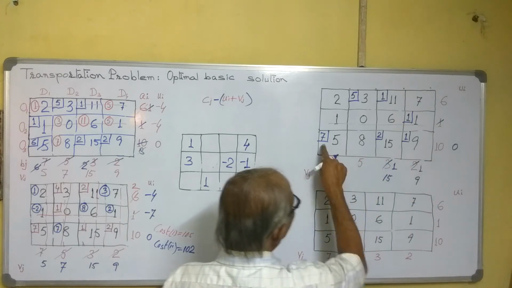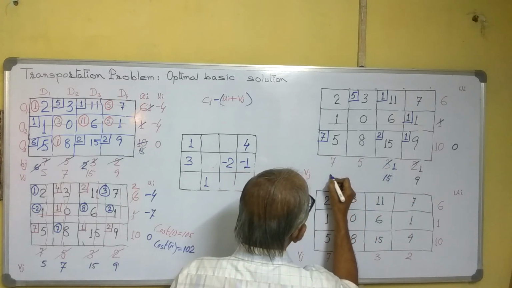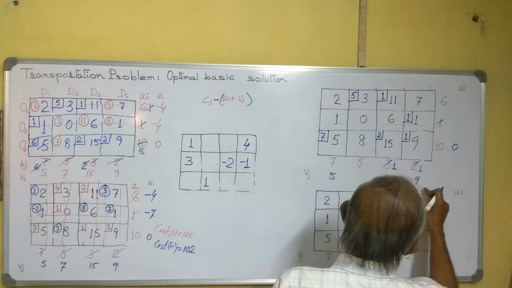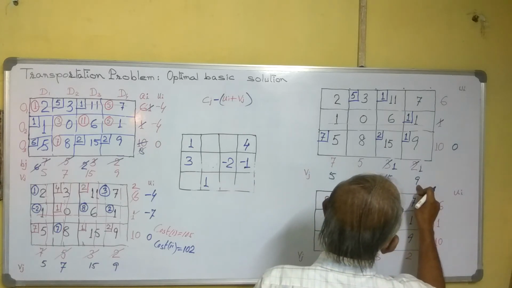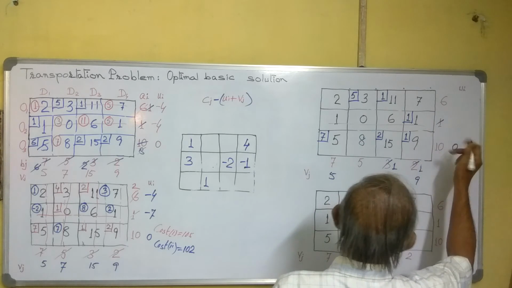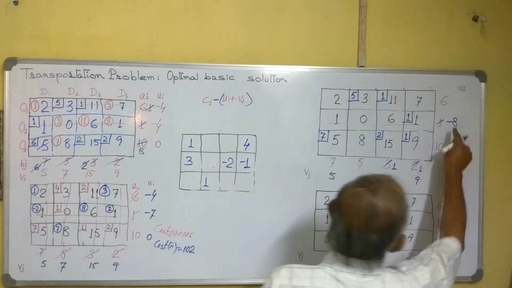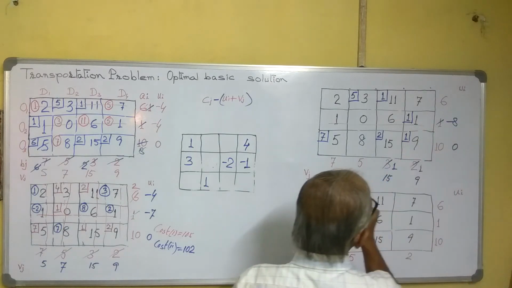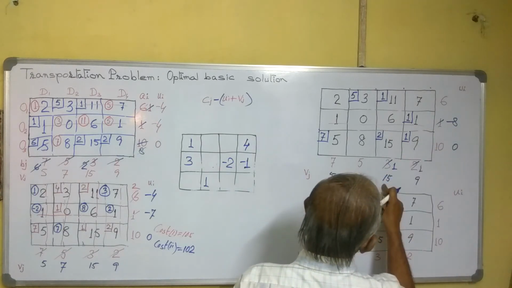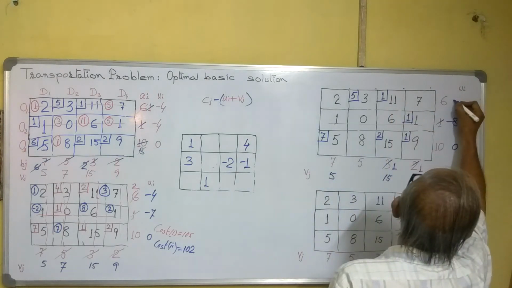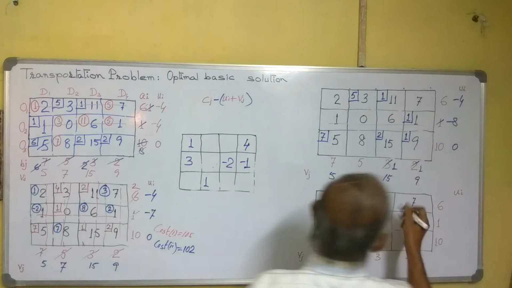We are doing only for allotted cells. 0 plus 5 is 5. Now for this one, 9 is there. Here 1 is there. 9 minus 8 is 1. And then 15, and here 11 is there. 15 minus 4 is 11.